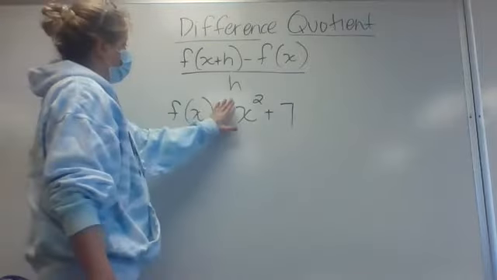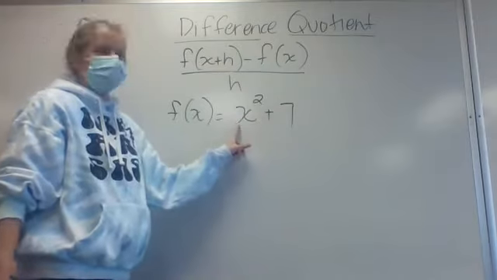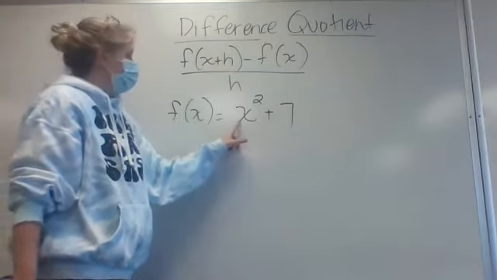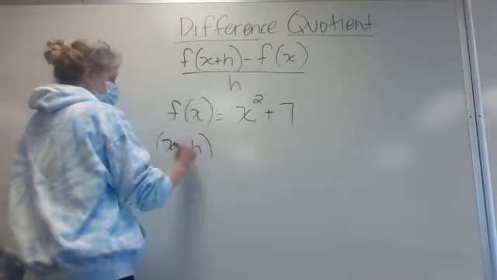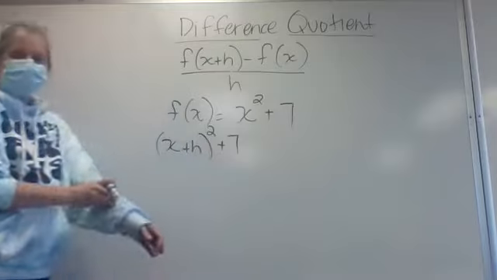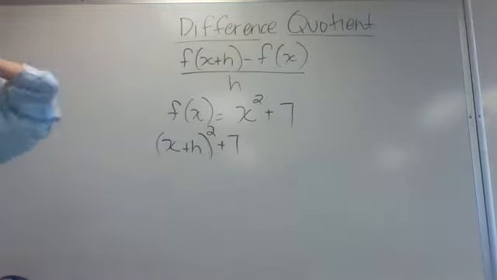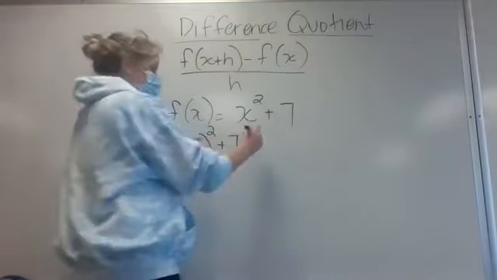What's your first step? To rewrite the function. Wherever you see x, put x plus h. So instead of x squared, I'm going to have (x plus h) squared plus 7 minus the actual function in parentheses.